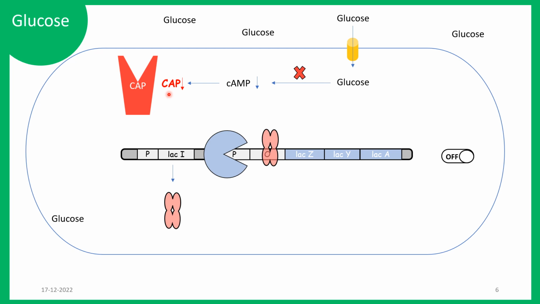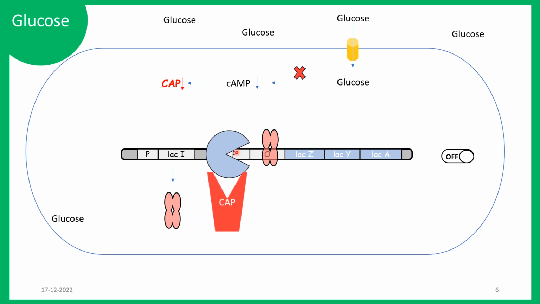This catabolic activator protein is very helpful in activation of RNA polymerase. But due to the reduction of the catabolic activator protein, it does not activate the RNA polymerase. Okay. So this RNA polymerase is in inactive condition. So it does not transcribe the gene, and ultimately this operon is in switched off condition.